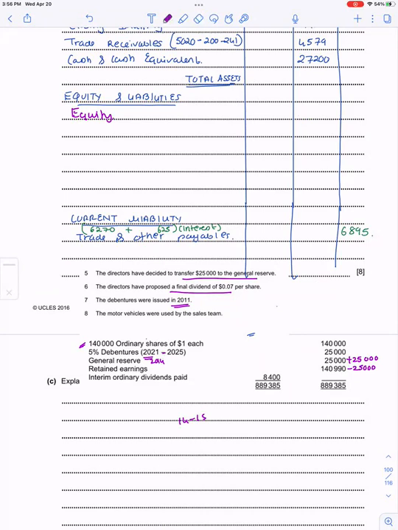Equity में first you write ordinary share capital. How much you will write? 140,000. Then you have general reserves. How much? 50,000.